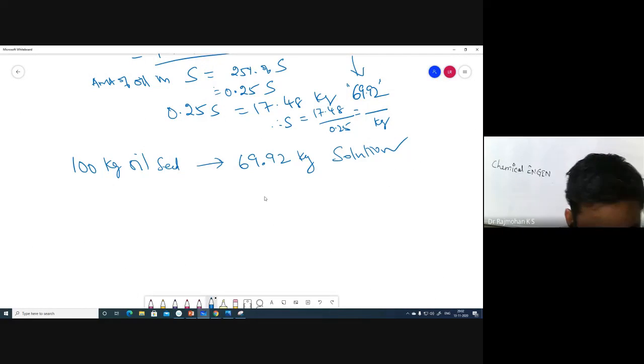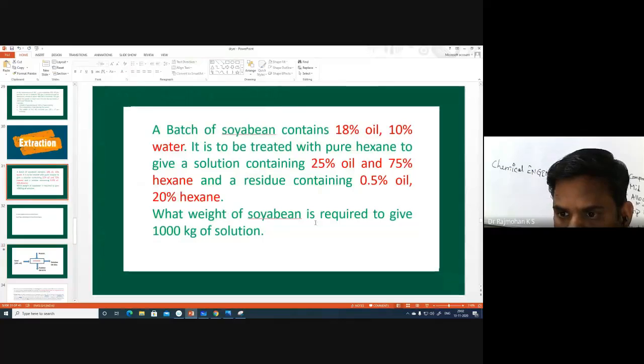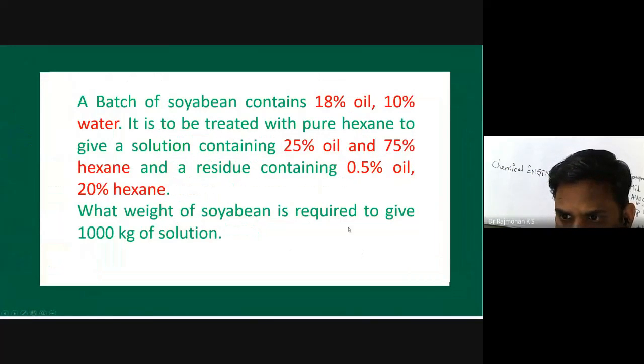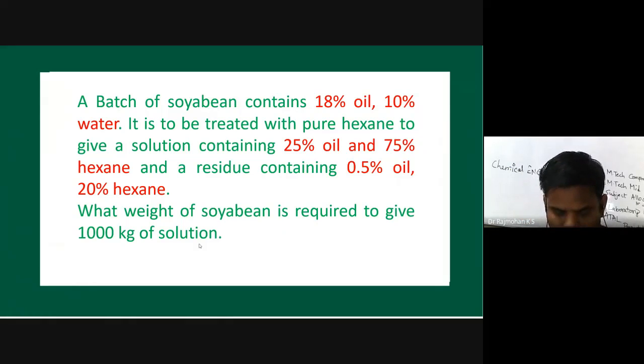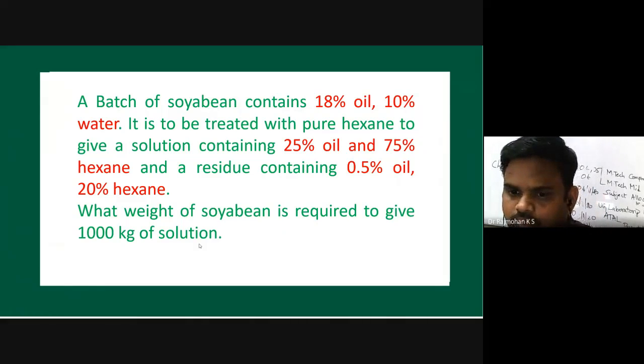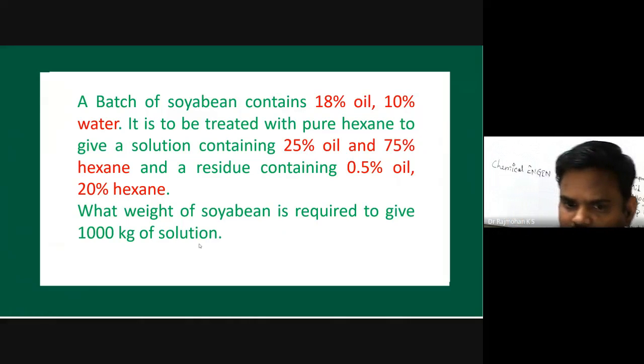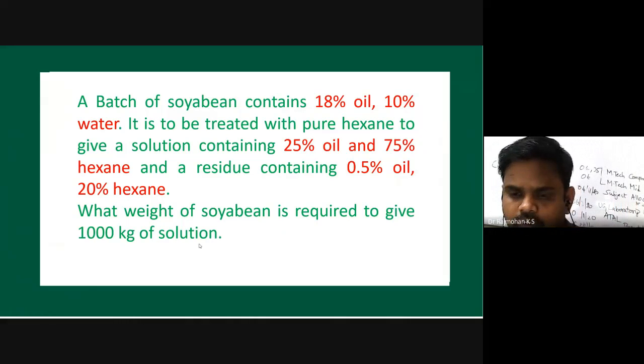Now what is the question? Go through the question. What weight of soya bean is required to give 1000 kg of solution?